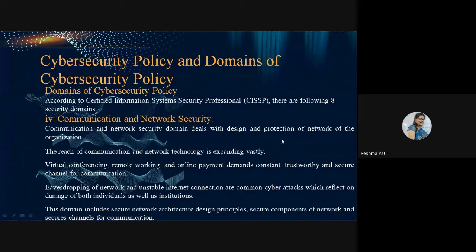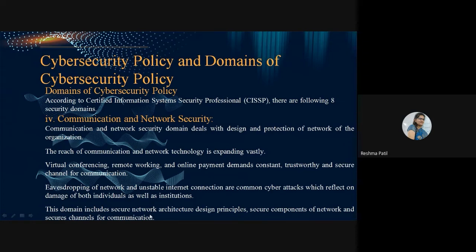We have to design and protect our network in such a way that we get a constant, trustworthy, and secure channel. Eavesdropping on the network and unstable internet connections are common cyber attacks, which can damage both individuals as well as institutions.